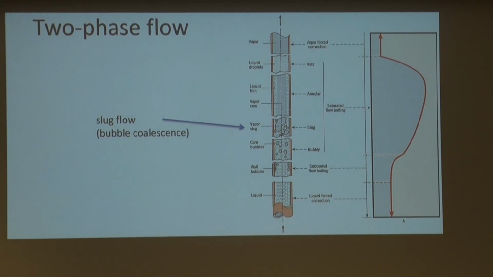What you get to see is, as we move up in the tube and we have more and more energetic ways of boiling, we start to have this bubble coalescence, and it moves up.